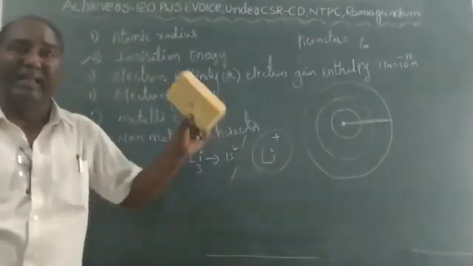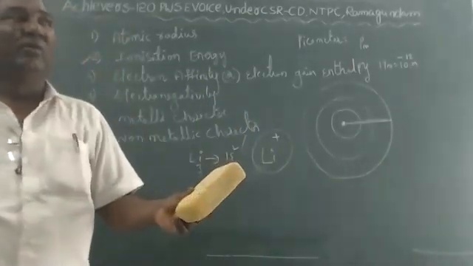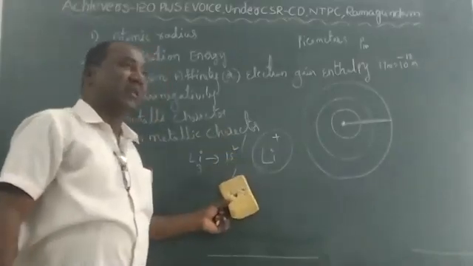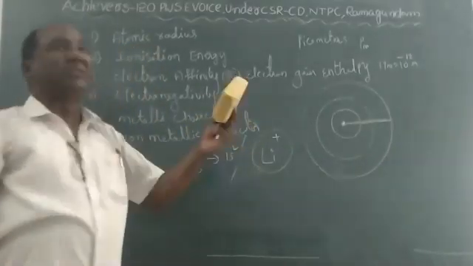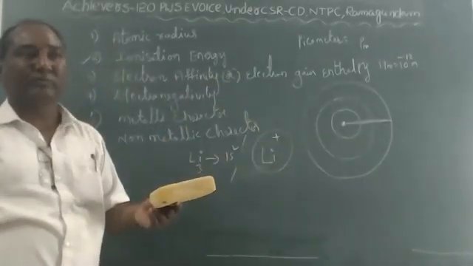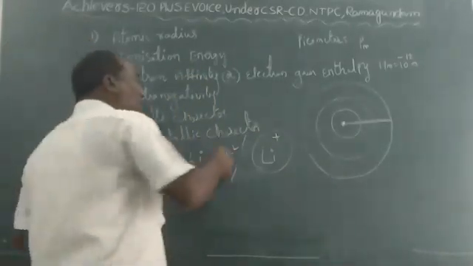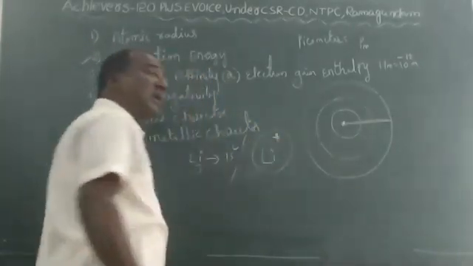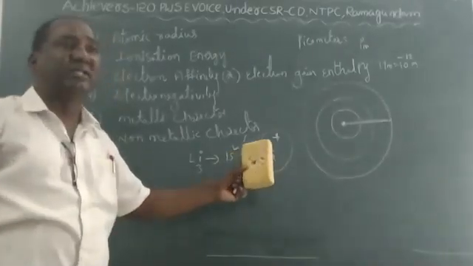First one is the energy required to remove an electron from the outermost shell. That is called ionization energy. As we consider first ionization energy, if you want to remove one more electron from this, that is called second ionization energy.